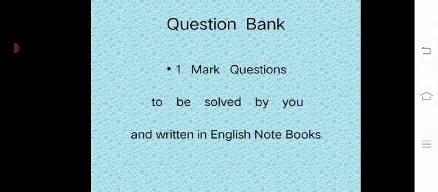Sometimes while you are solving, especially the objectives, that is our 1 mark questions, you will find that more than one or two questions will have the same answer. But read the question carefully, and even if the answer is the same, look at how the question is twisted, how it is put in different words to trick you, to puzzle you, to confuse you.